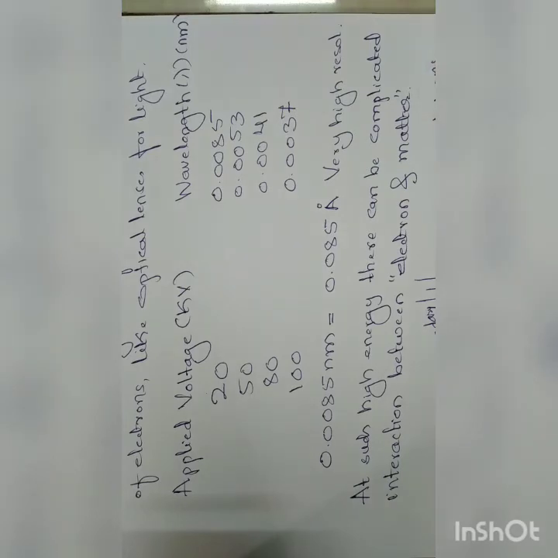It means if I take an ordinary bulb and heat it to high temperature, we all know there is a process of thermionic emission. The electrons will leave the metallic filament, come out of the material, and this process is called thermionic emission of electrons.